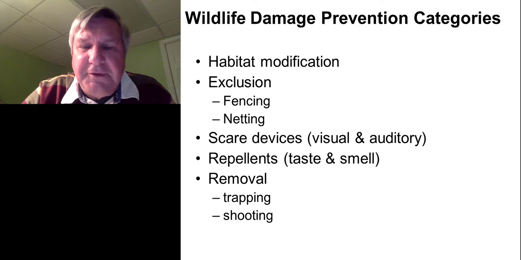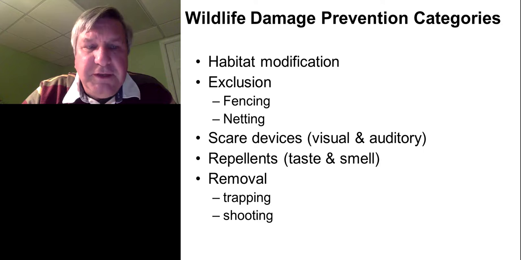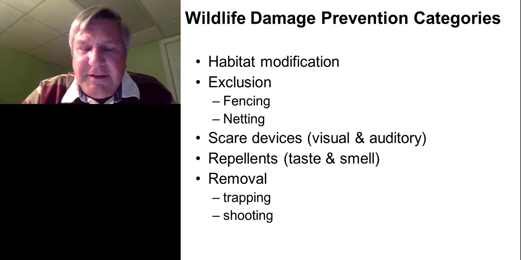We start with simple things like habitat modification, how to change the environment to discourage the occurrence of animals, removing trees, roosting sites, things like that. We talk about harassment, everything from scarecrows to scare devices as a harassment technique.